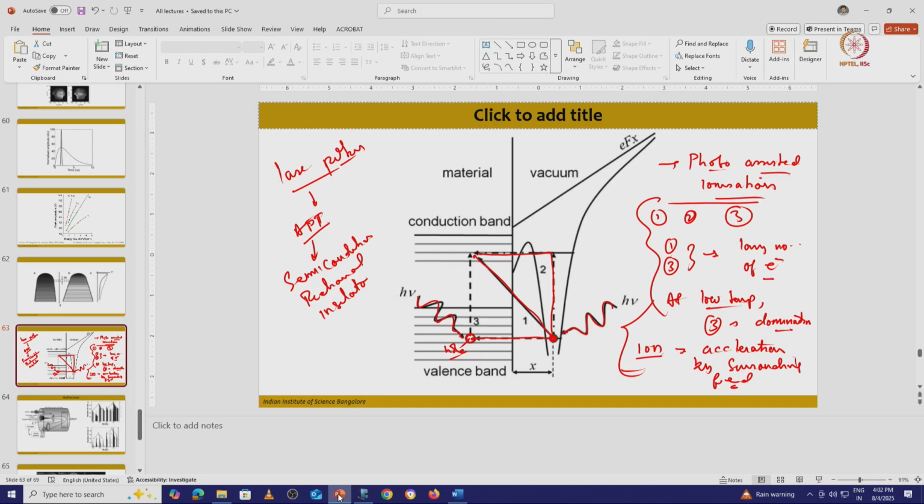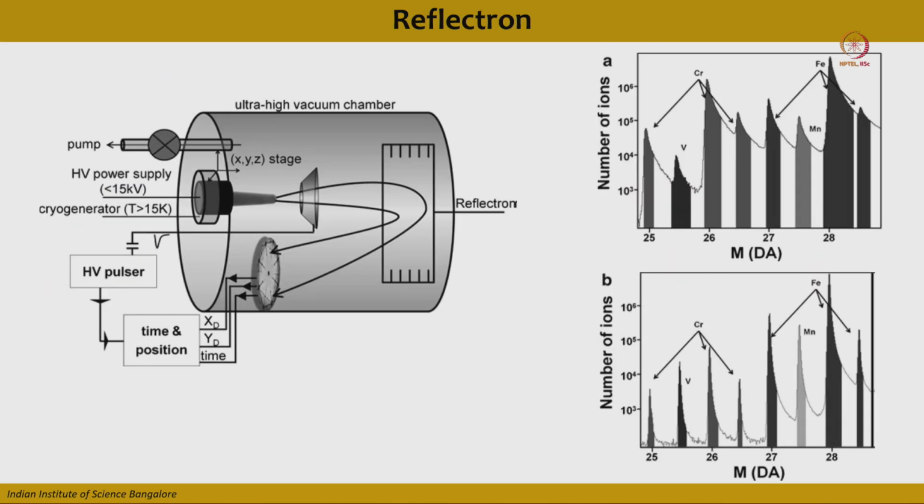Fine. So if you see, this is the needle specimen. Okay, this is your local electrode, and this is called a reflectron. As I told you, this is the succession of planes which progressively increase the electric field.